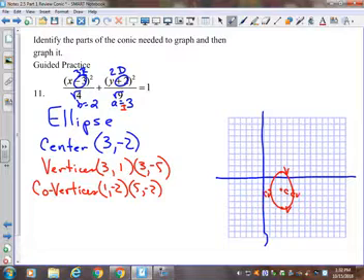Then the last part of an ellipse problem is called the foci. And the foci are really important points because if you built an apparatus that actually draws an ellipse, it's based on where these foci are. I can show you one of those apparatuses if we have time today, in terms of how it draws an ellipse. But I'll have to do it with a video because I can't do it with a board.